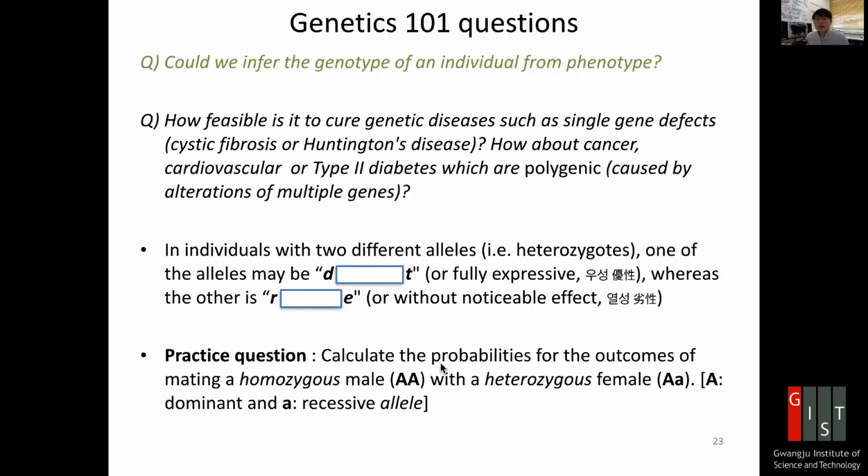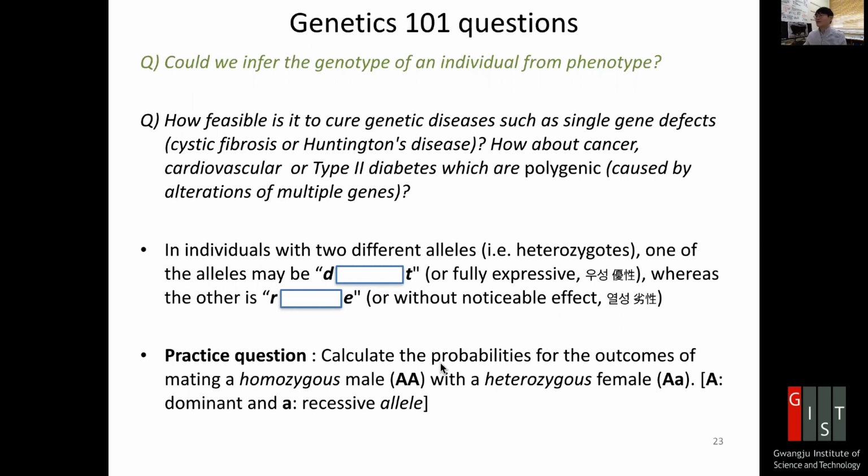So we have to discuss how genotype and phenotype relate. One question we can ask is: I can see your trait, brown eye color, brown hair, yellow skin color. Can you infer my genotype from my phenotype? The answer is, not exactly, because the phenotype may be the same but the genotype could be different.